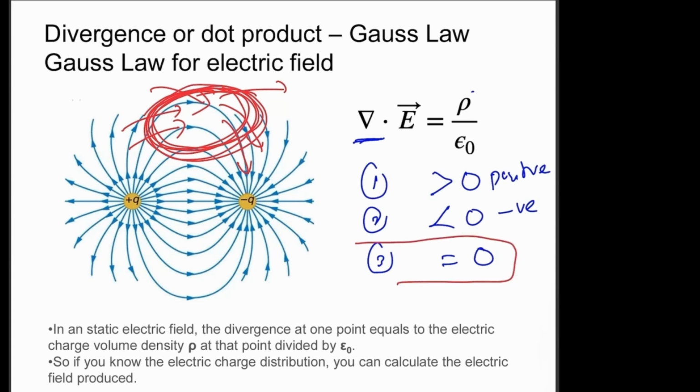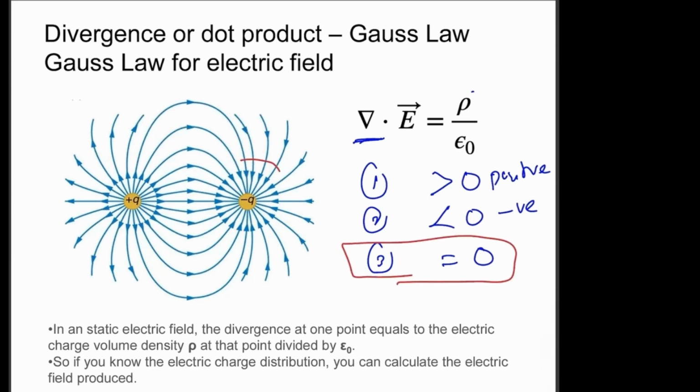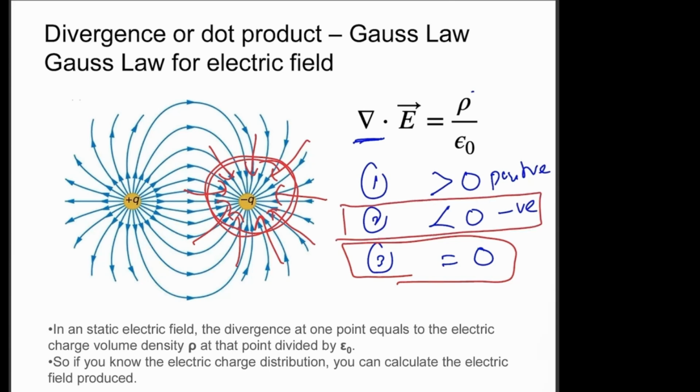If you study here, you can see that all the arrows go into this circle. So in this case, there will be a negative value of the output.